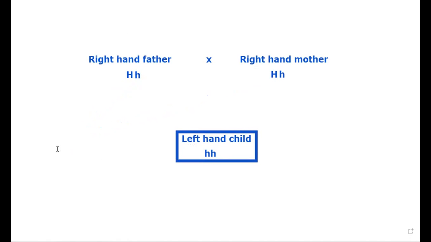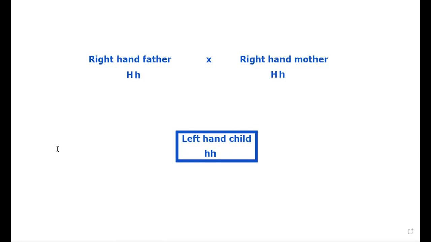Yes, sir. Father has how many genes? 2 genes. How many genes he gave to us? 1. Mother has how many genes? 2 genes. How many genes she gave to us? 1 gene. Correct? So in that case, various combinations can occur. Father can give capital H, mother also can give capital H. One chance.